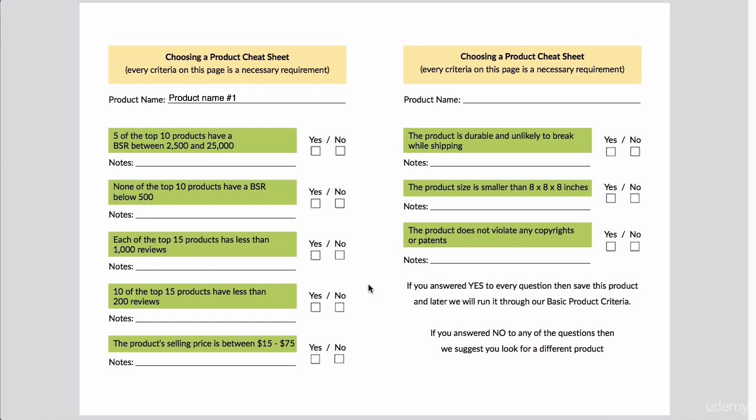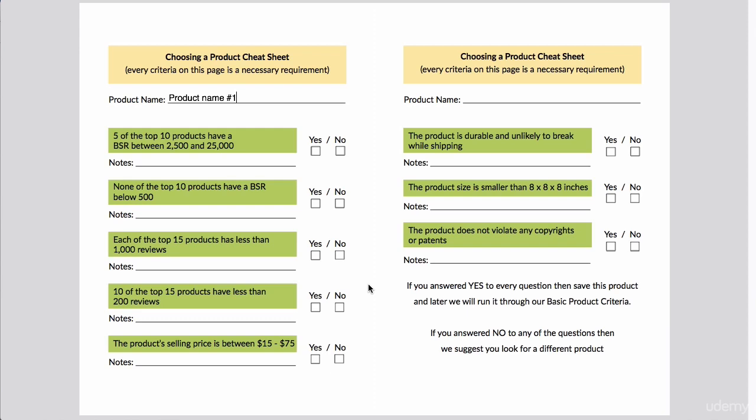Let's say we're looking online and we're in the pet supplies main category and we find a special dog leash. And this special dog leash has a BSR of 500. What that means is in that main pet category, this special dog leash is the 500th best-selling item in that category. The reason why it's important to look at a BSR that falls in this range is products that have a BSR that's very, very low are making a lot of sales, but it also means they have a lot of competition.